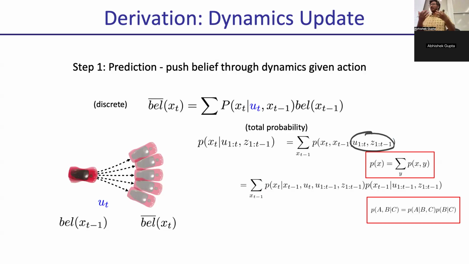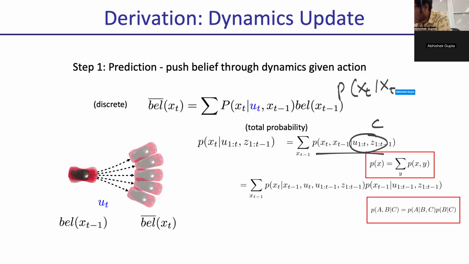Just think about xt and xt minus 1 and separate them. Let's call the history c for a second. You want to write this as P of xt given xt minus 1 and c, times P of xt minus 1 given c. So you want to separate those two variables.